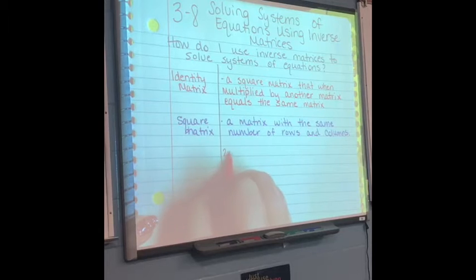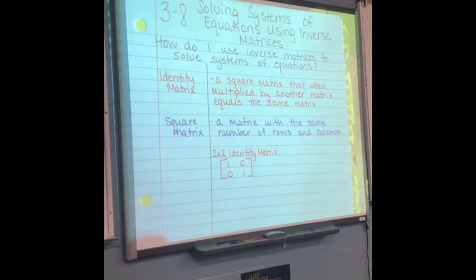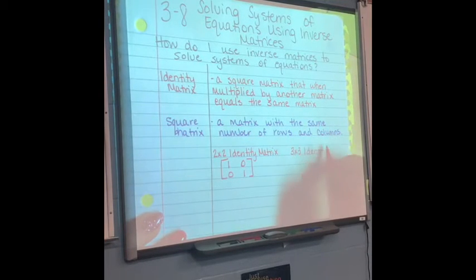So let's look at the 2 by 2 identity matrix and the 3 by 3. The 2 by 2 is 1, 0, 0, 1. Three by 3 is 1, 0, 0, 0, 1, 0, 0, 0, 1.